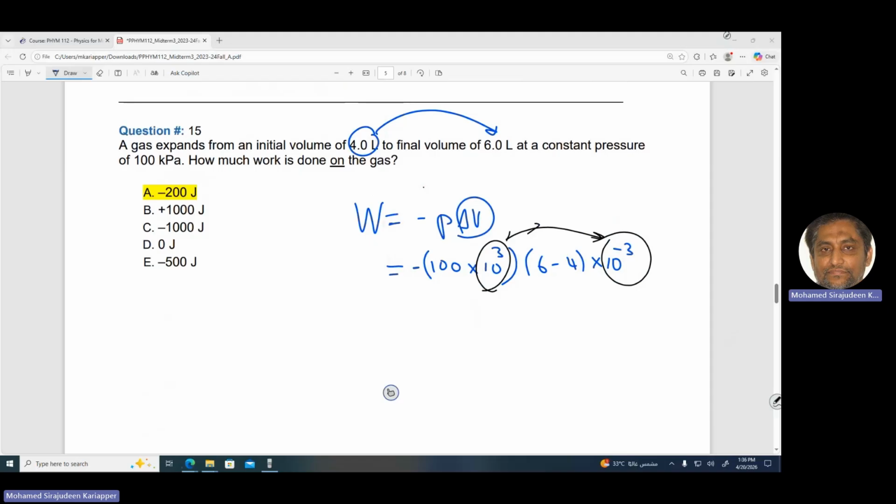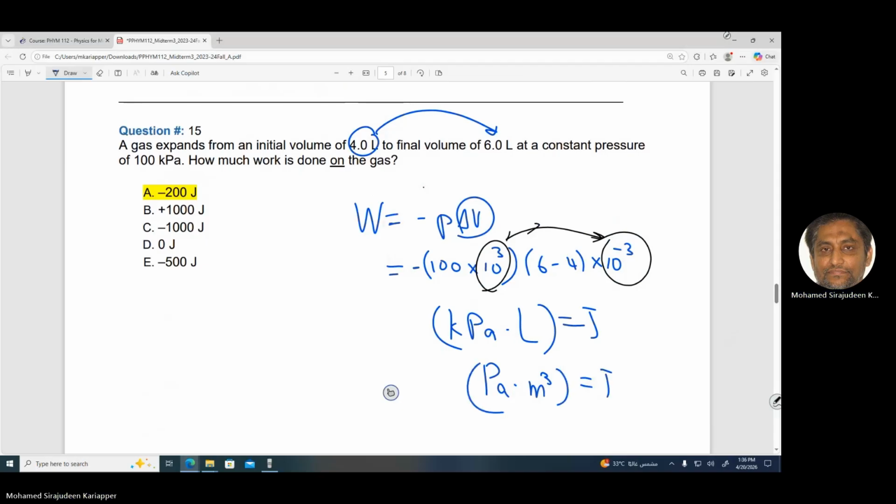So, in other words, kilopascal into liter is also joule, like Pascal into meter cube is also joule. If you know this trick, you don't worry about converting. One is kilopascal, the other one is liter. If you multiply them, it will be SI unit joule.